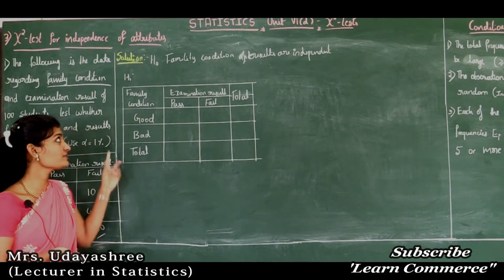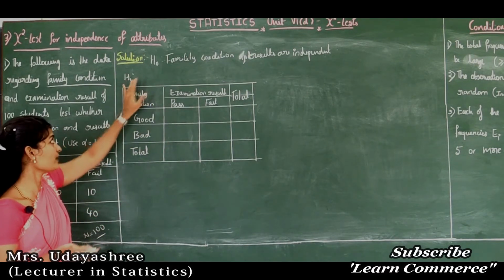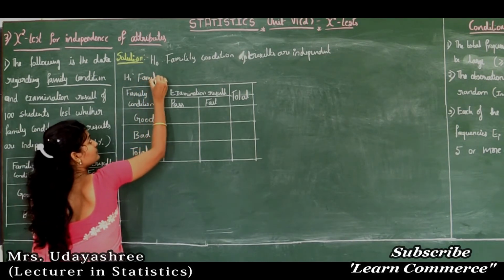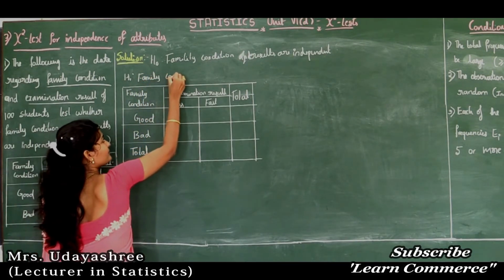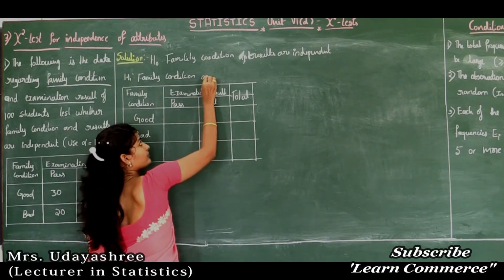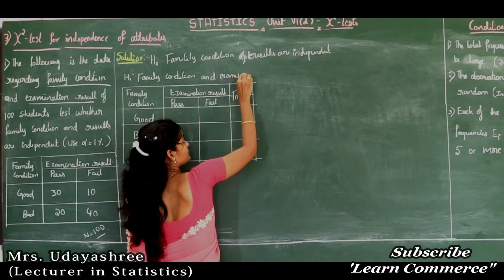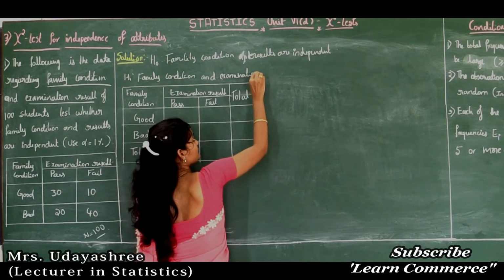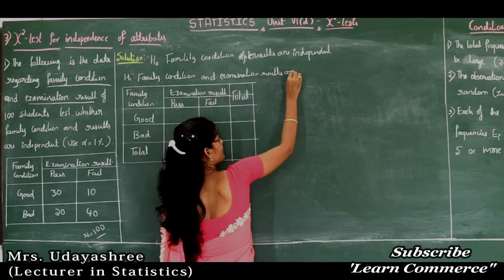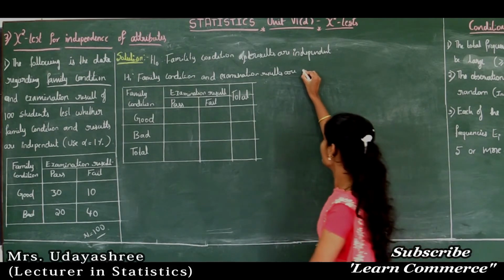So here H1 is: family condition and examination result are not independent.